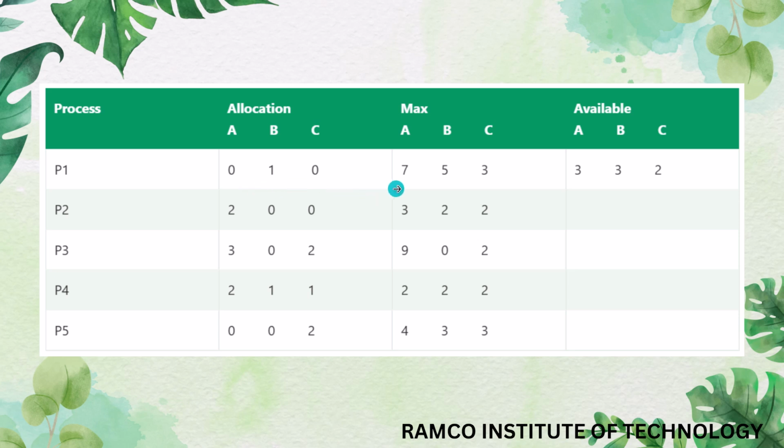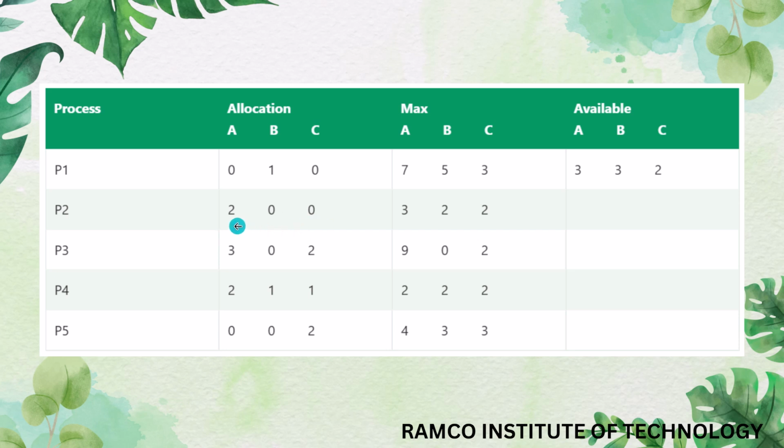Then maximum, so here 7 instances of resource type A, 5 instances of resource type B, 3 instances of resource type C is the maximum resource types for the process P1. So here the meaning is, from this maximum, initially 0, 1, 0 instances are allocated for the process P1. So the same way the process P2, here the allocation is 2, 0, 0.